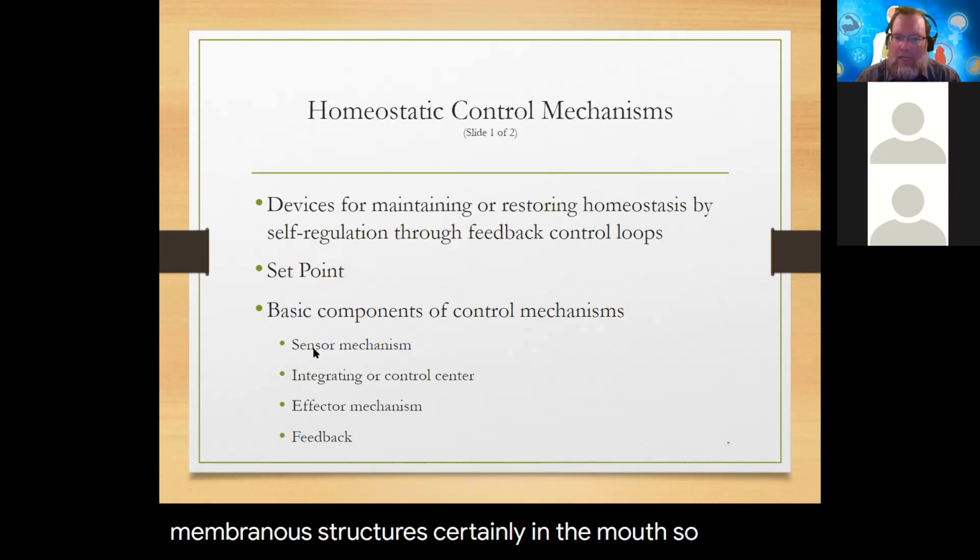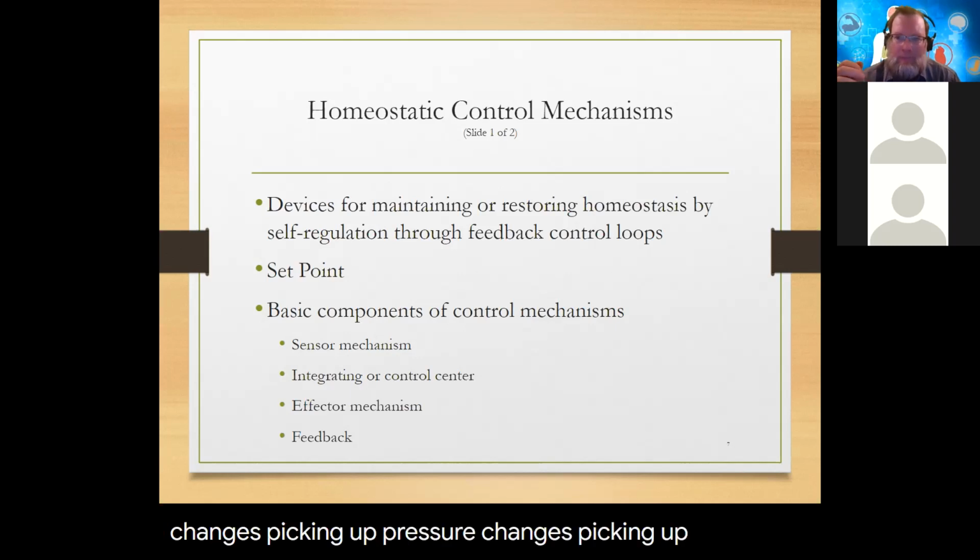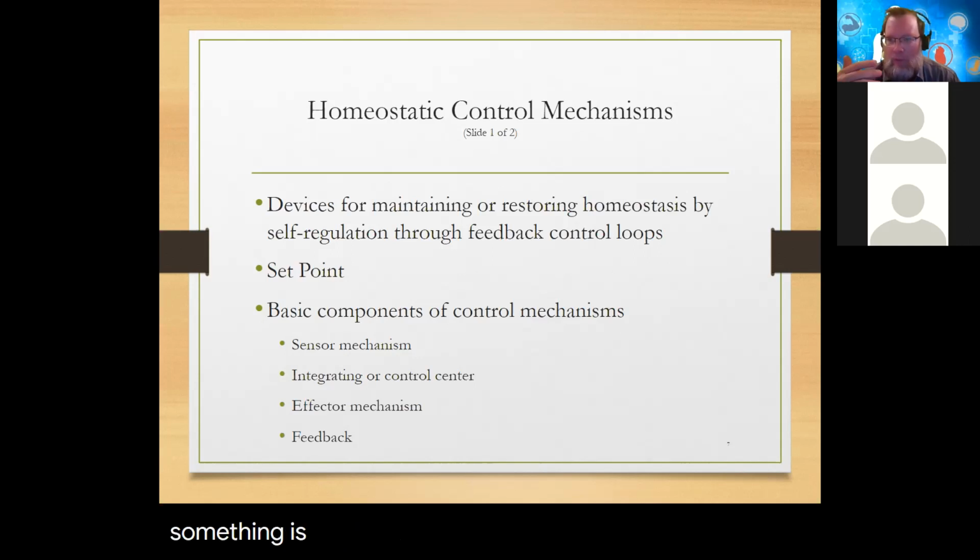Okay, so a sensory mechanism, so some sort of a sensory nerve is going to be kind of monitoring the environment, picking up temperature changes, picking up pressure changes, picking up whether something is sharp, sensory changes regarding like tactile stuff, sharp, fuzzy, pokey, those types of things. So those are more external. Internally, we also have sensory receptors that are going to pick up whether there's some sort of inflammation, right?